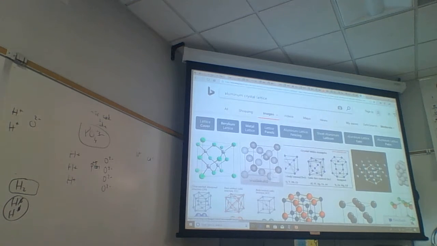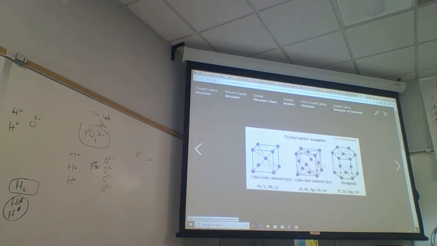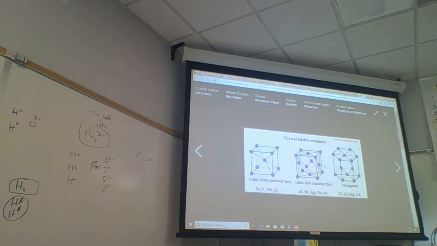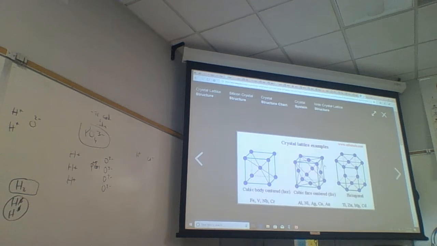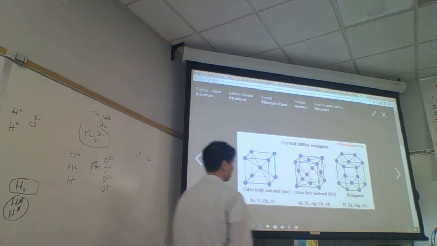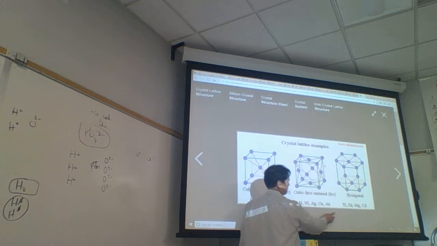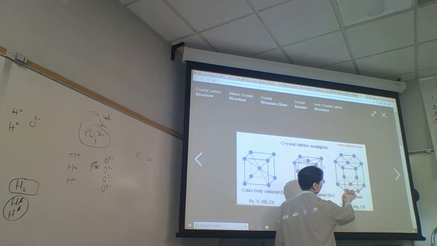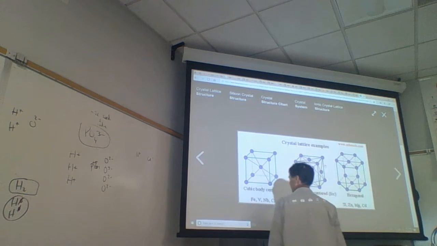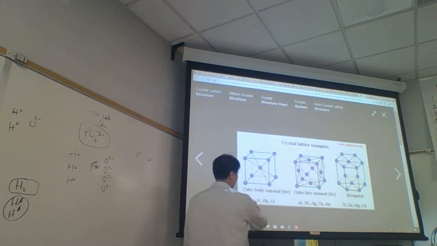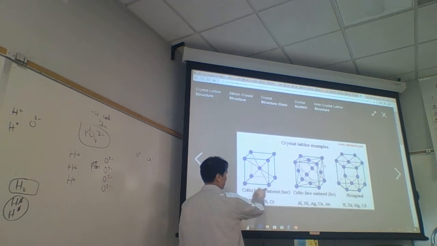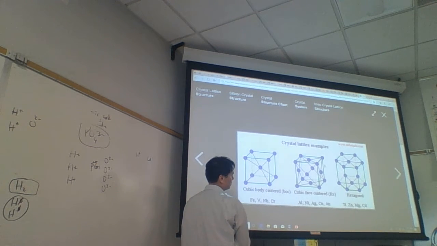You get it? There are some examples of crystal lattices for some metals. Aluminum, nickel, silver, copper, gold have this type of lattice structure. Titanium, zinc, magnesium, cadmium have this type of lattice. Iron, vanadium, niobium, chromium have this type of lattice structure.